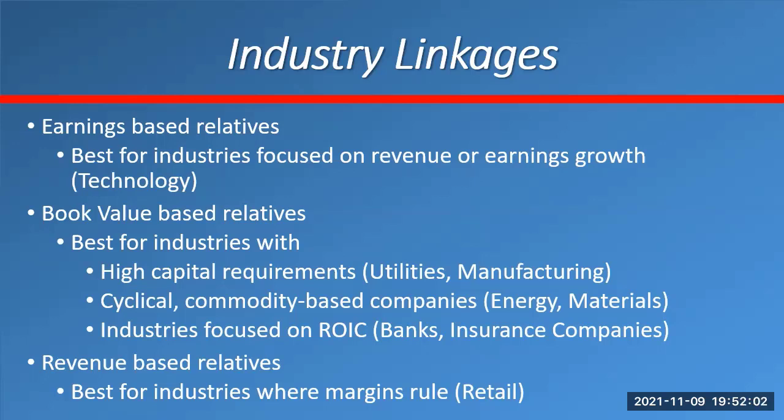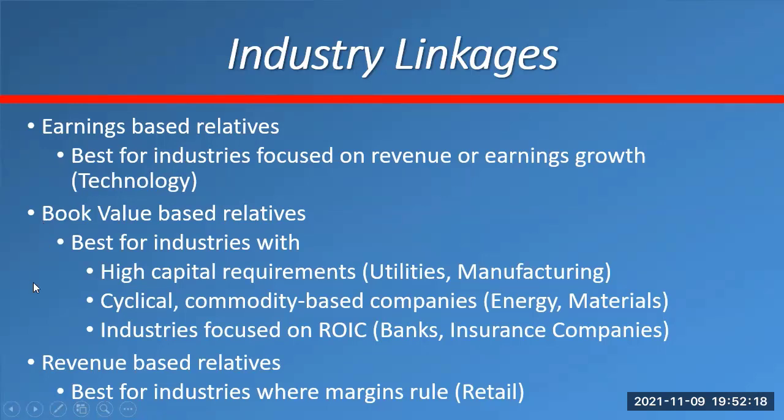That's easy to calculate; you can get that number. So if you're in technology or anything considered innovative, like communication services, Facebook, Google, those types of firms, EV to EBITDA is the most likely thing for you to use.